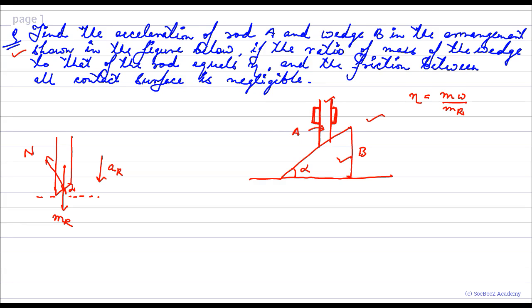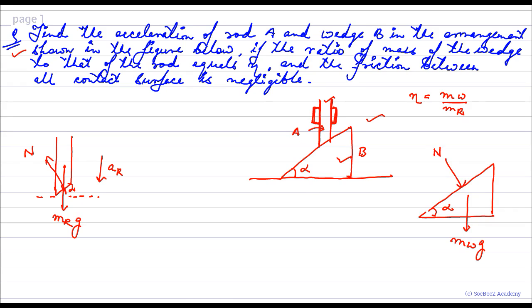Now let me draw the FBD of the wedge. So this is my wedge, this is my angle alpha, and there is going to be a weight acting downwards, mw into g. And there is going to be a normal force acting between the rod and the wedge, and on the wedge the normal force would be directed in this direction.